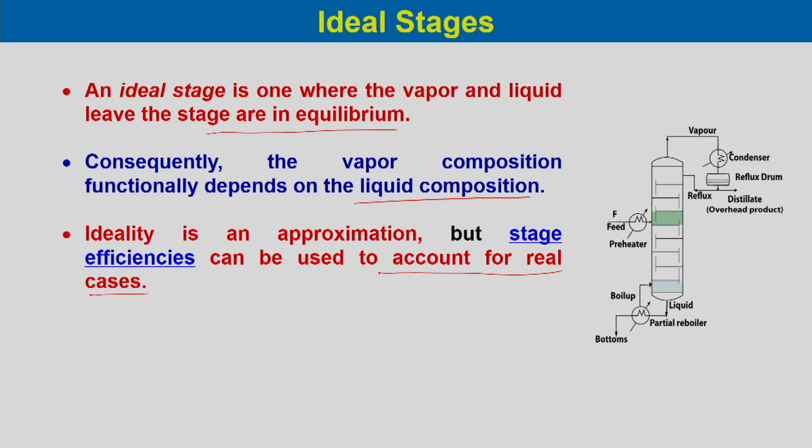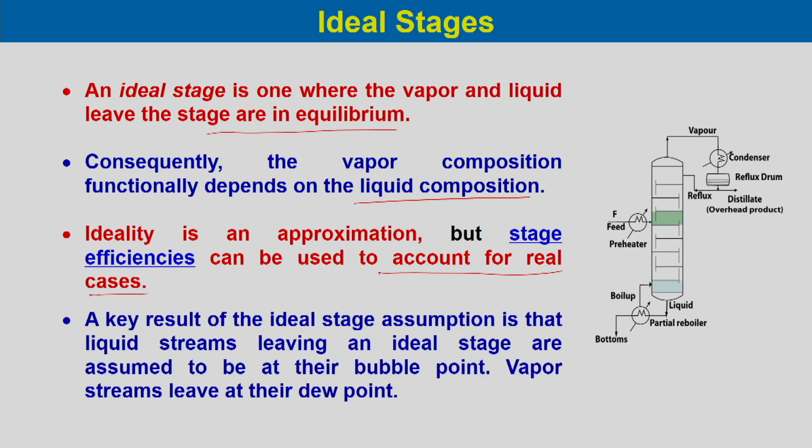So, in that case, to find out the real number of stages required for a particular separation, we use stage efficiencies. A key result of the ideal stage assumption is that the liquid streams leaving an ideal stage are assumed to be at their bubble point and the vapor streams leave at their dew point.